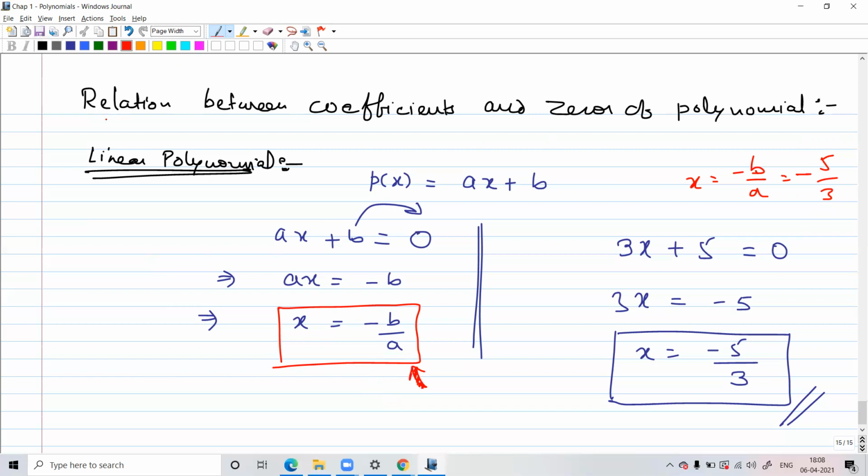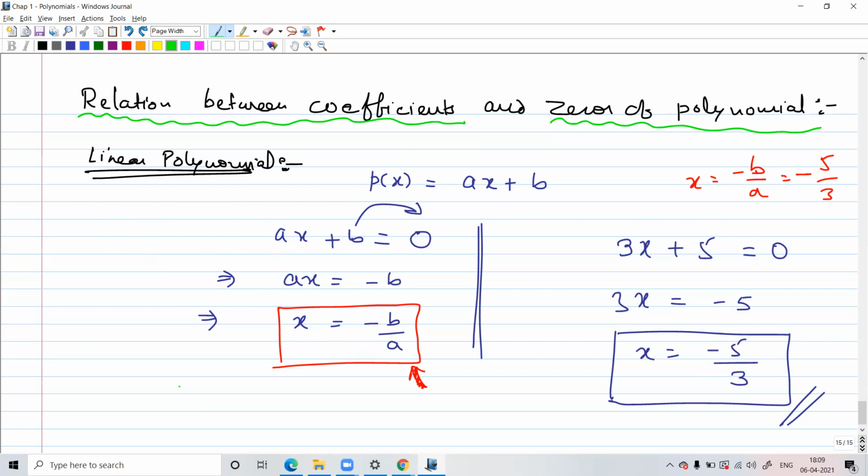Okay, now getting to the topic which I have written here at the top. Relation between coefficients and zeros of a polynomial. So if something is a linear polynomial, how many zeros will it have maximum? Yes, it will have a maximum of 1 zero only. And that 0 we can very easily find by making it equal to 0, and that 0 will be minus b by a.